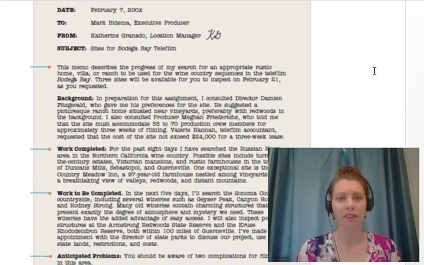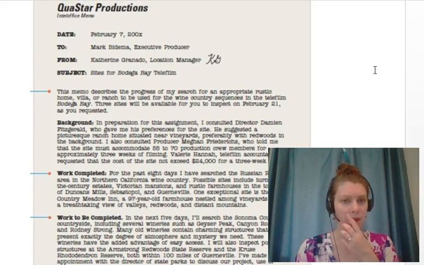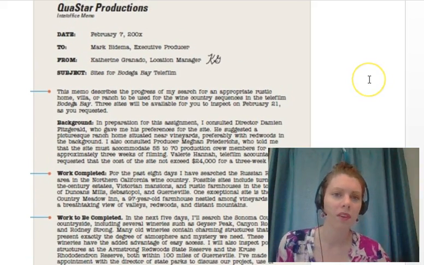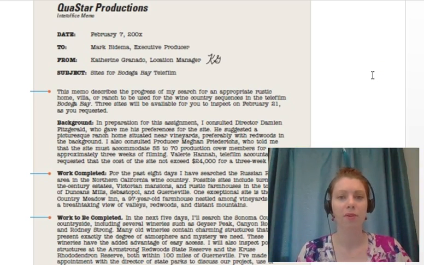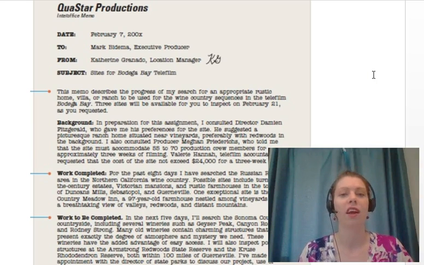So her subject line is sites for Bodega Bay Telefilm. This memo describes the progress of my research for an appropriate rustic home, villa, or ranch to be used for the wine country sequences in the telefilm Bodega Bay. 3 sites will be available for you to inspect on February 21st as you requested.